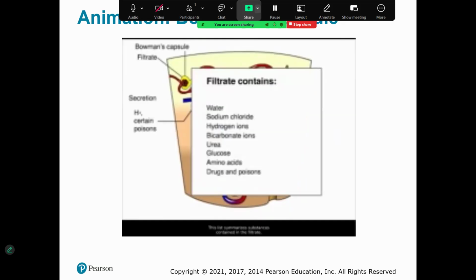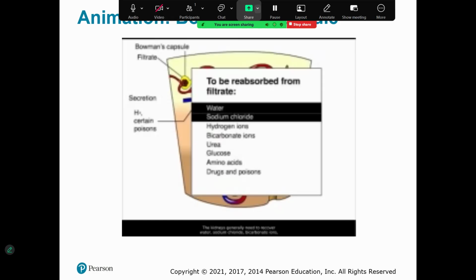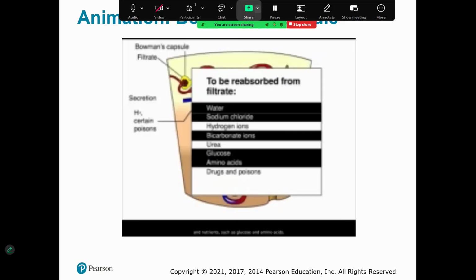This list summarizes substances contained in the filtrate. Filtration is not selective, so some of these substances are useful to the body, and it is important that they be returned to the blood. The kidneys generally need to recover water, sodium chloride, bicarbonate ions, and nutrients such as glucose and amino acids. This reclamation of valuable solutes in water is called reabsorption.